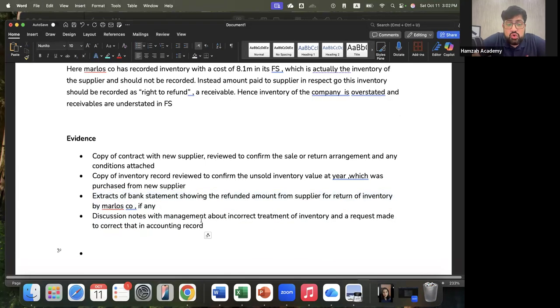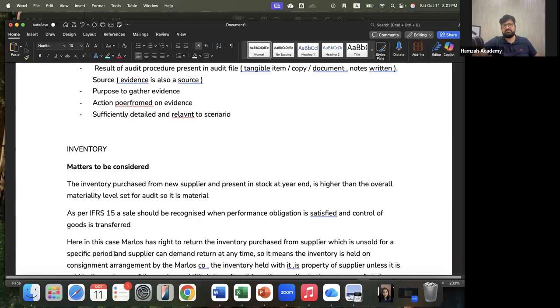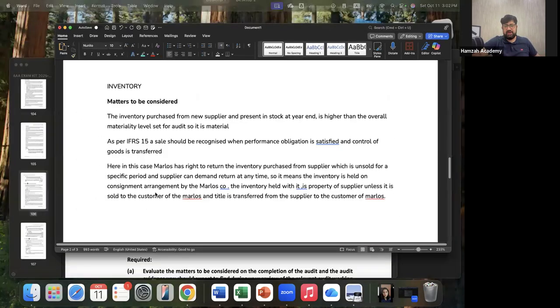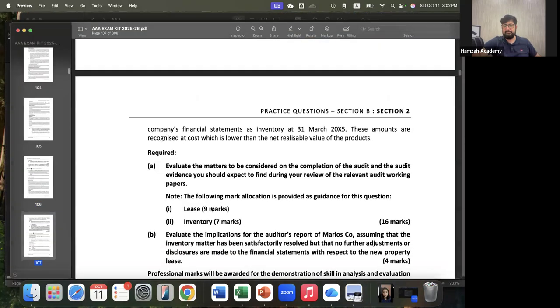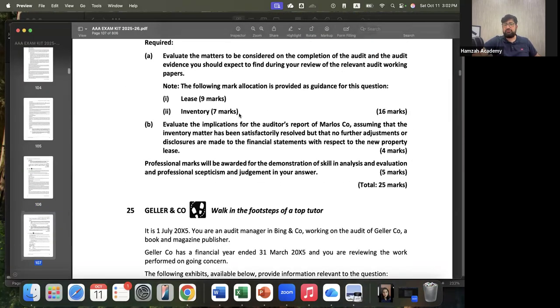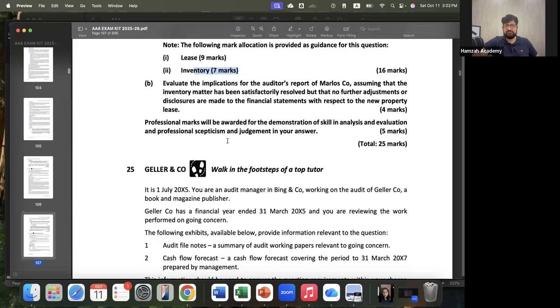Then discussion notes with management about the incorrect treatment of inventory and the request made to correct that in the accounting records. So now you see here, it is for 7 marks. Okay. So I have written four evidences, that's enough.